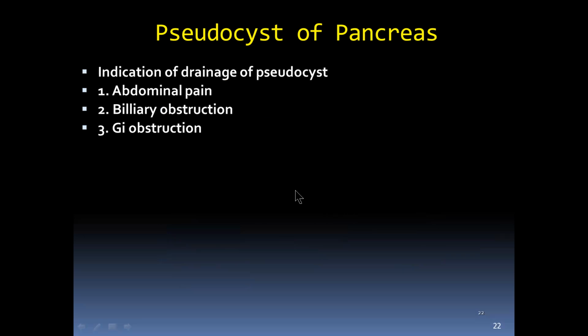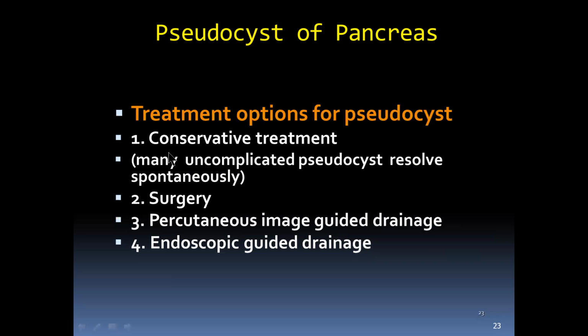What are the indications of drainage of pseudocyst? Abdominal pain, biliary obstruction and GI obstruction. If these findings are present, then only the pseudocyst should be drained.